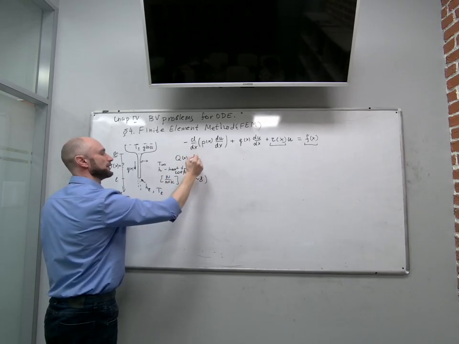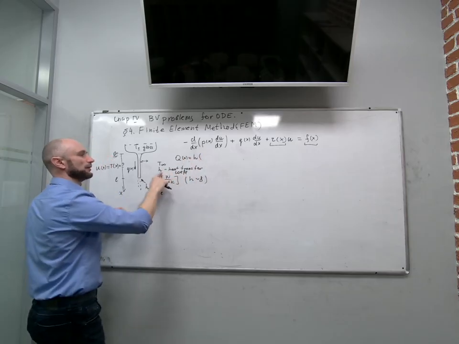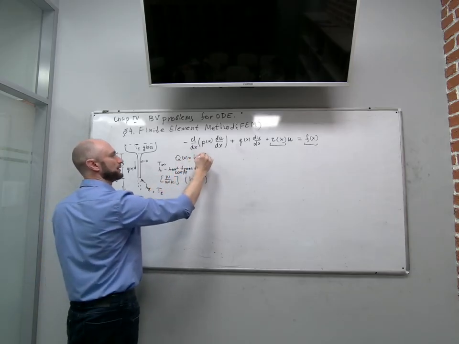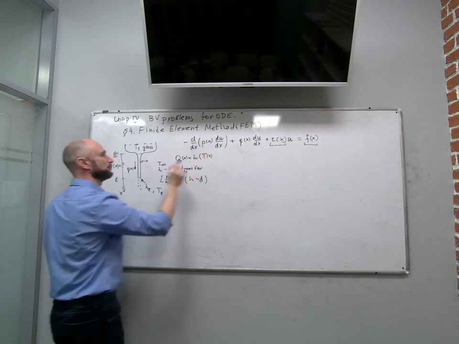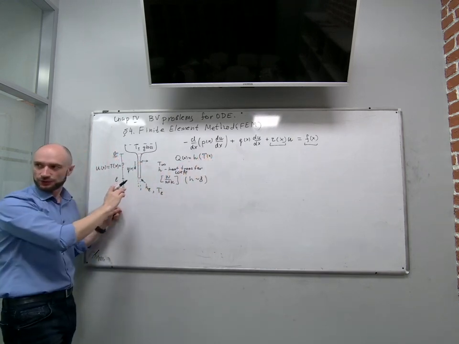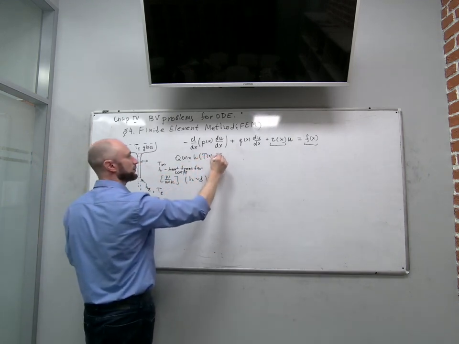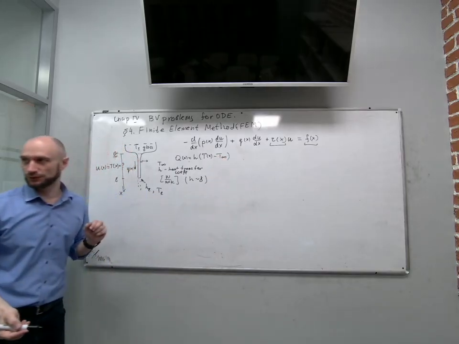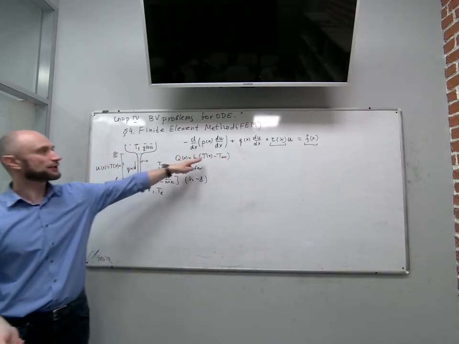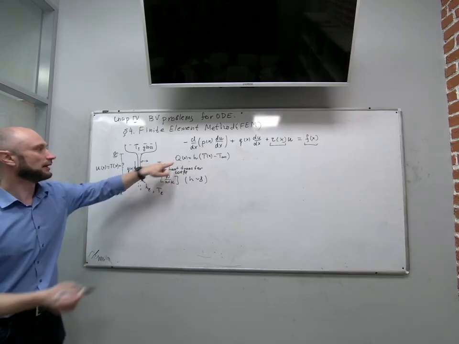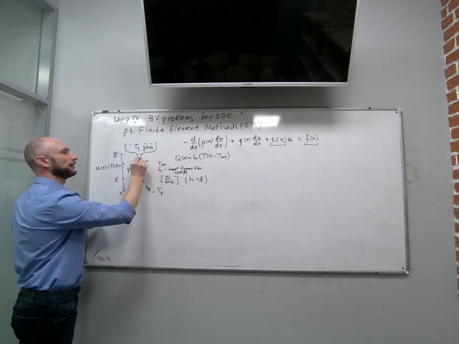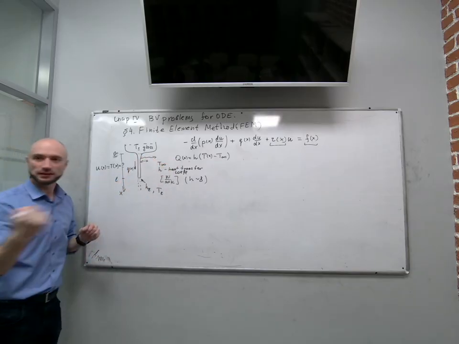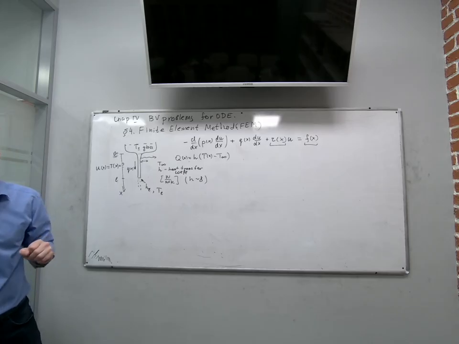It is H, the heat transfer coefficient, by the temperature of the glass at this particular point minus the temperature of the environment. So the hotter the glass, the higher the heat sink, the convective heat sink.